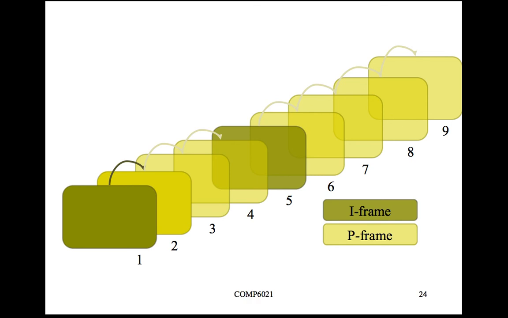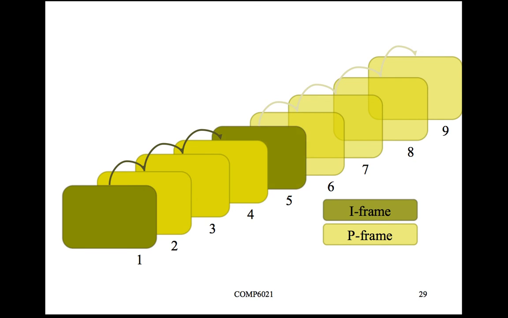Frame 3 here is constructed by reusing parts of frame 2. And frame 4 here is made by reusing parts of frame 3. So if someone sent you just the information in frame 3, you couldn't look at that until you had frame 2 and frame 1, in fact.